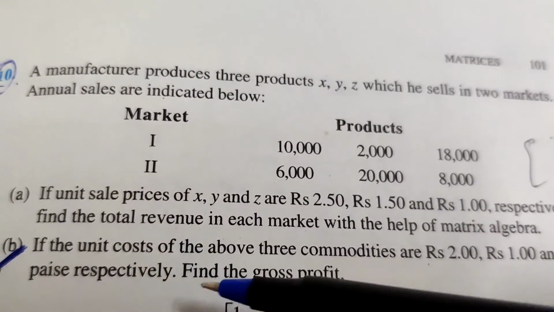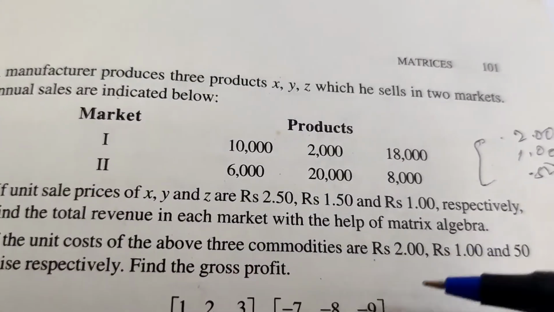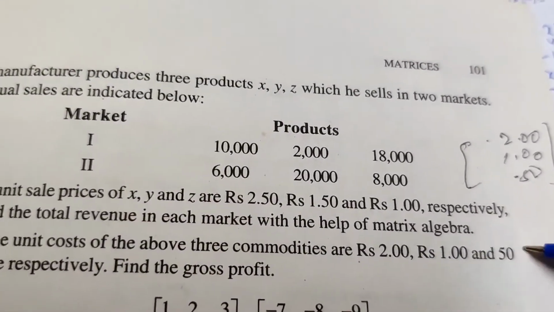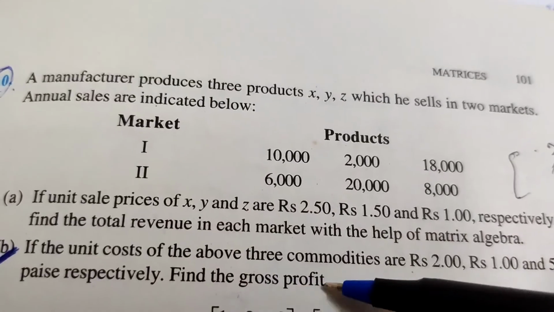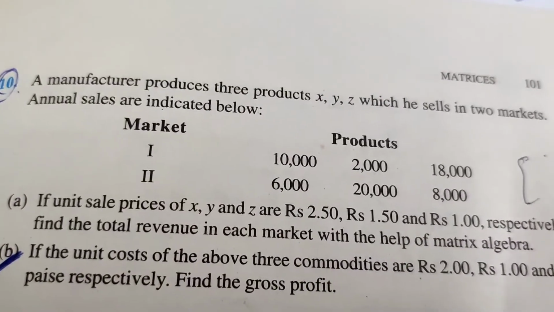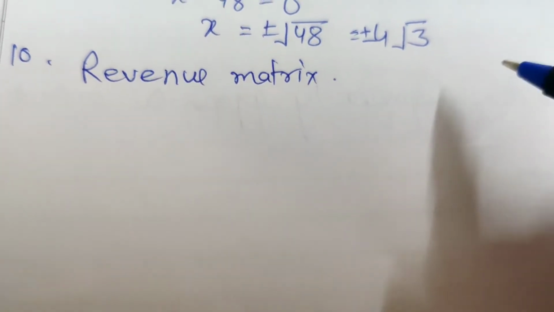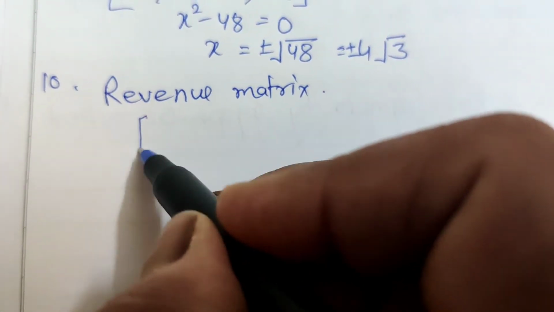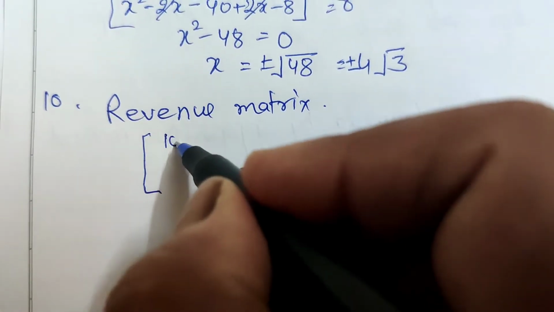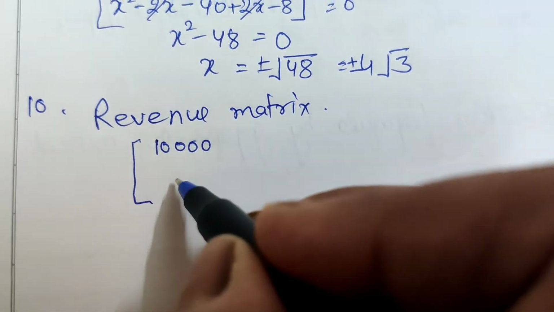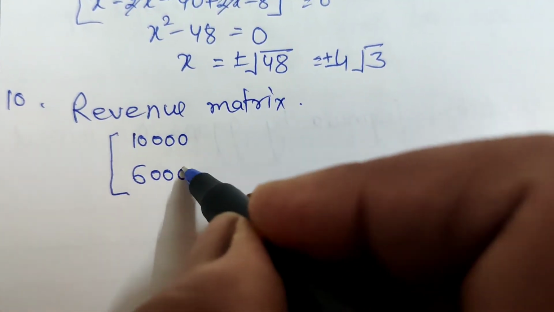And the second, if the unit cost of the above 3 commodities is rupees 2, rupees 1 and 50 paisa, find the gross profit. Okay. Now first we make the revenue matrix. The revenue matrix is 10,000 and 6,000 in the second market.